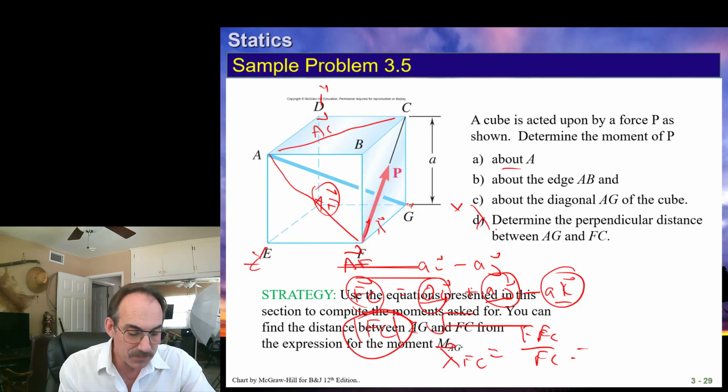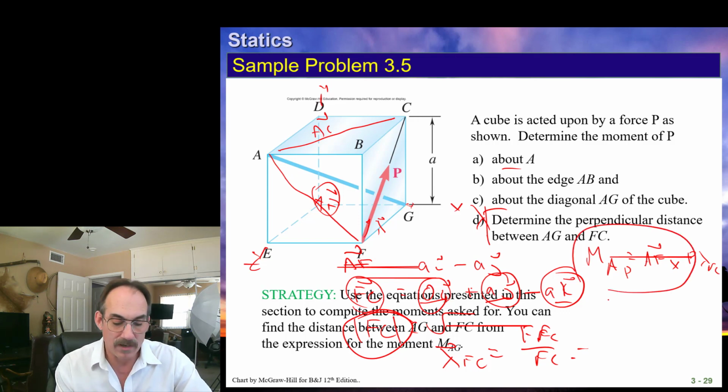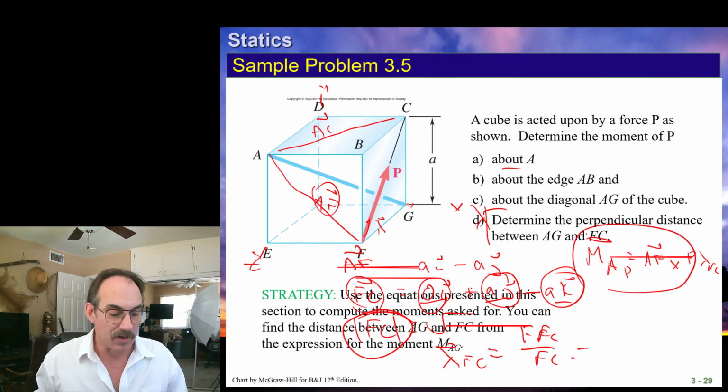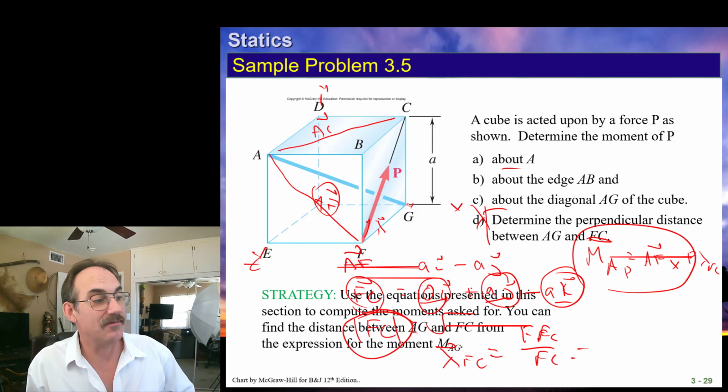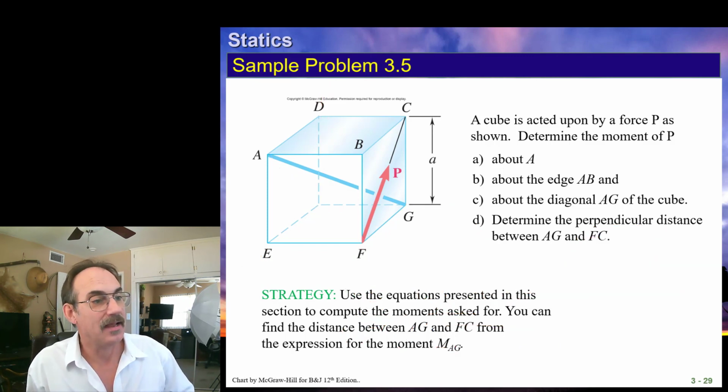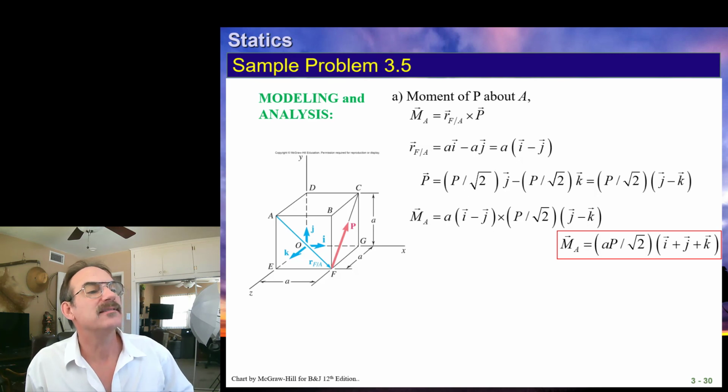You then take the cross product of the first vector, AF. Our moment about A of force P is going to be equal to AF crossed with the magnitude of P times the unit vector along FC. That's going to be your moment about point A. And we could have used the other position vector and got the exact same answer.